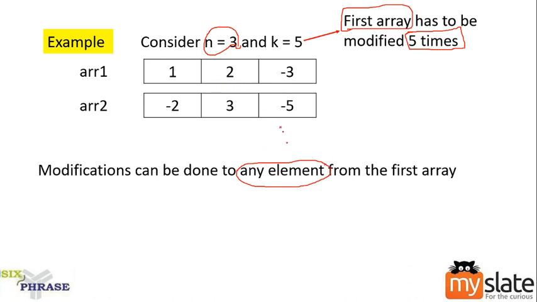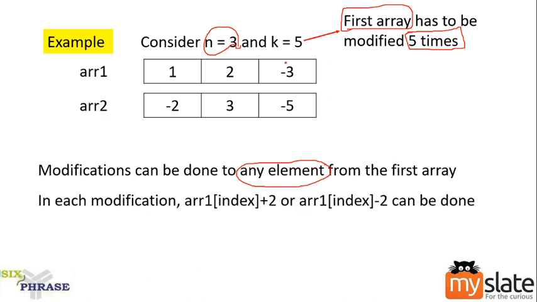If you want, you can modify one element multiple times or you can modify all the elements a set of times. That is up to you. In each modification, we can either increase the value by 2 or decrease the value by 2.